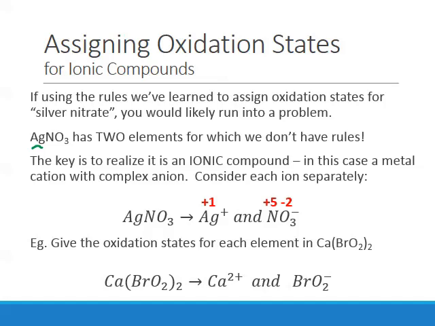The oxygens in bromite would be -2. And because the bromite's charge is -1, that bromine atom would be +3 as an oxidation state. So those are the rules for assigning oxidation states, the definitions of oxidation and reduction, a good introduction to electrochemistry.